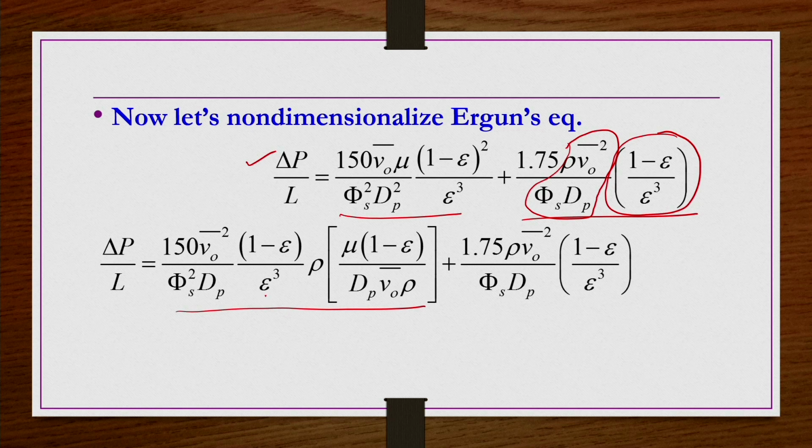So, here rho V naught bar square 1 minus epsilon by phi s square dP square is as it is. Whatever the mu is there, we write outside in the parenthesis, the extra terms, after taking out these rounded terms, because we want to have them common in both the terms.